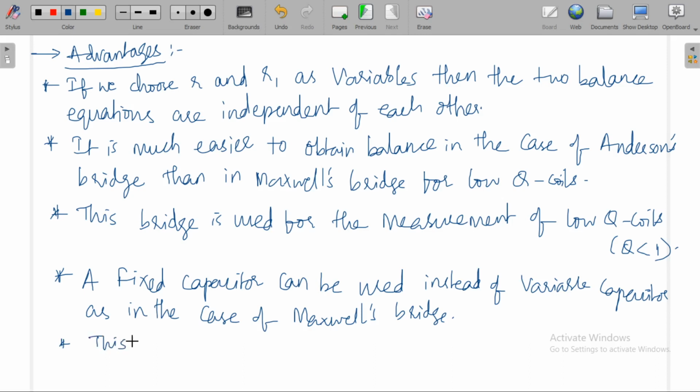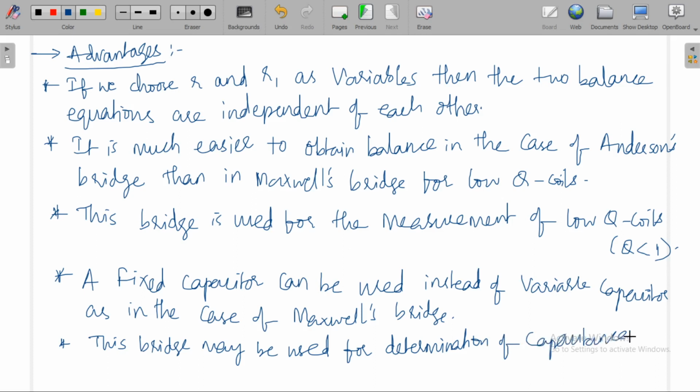This bridge may be used for the determination of capacitance in terms of inductance.